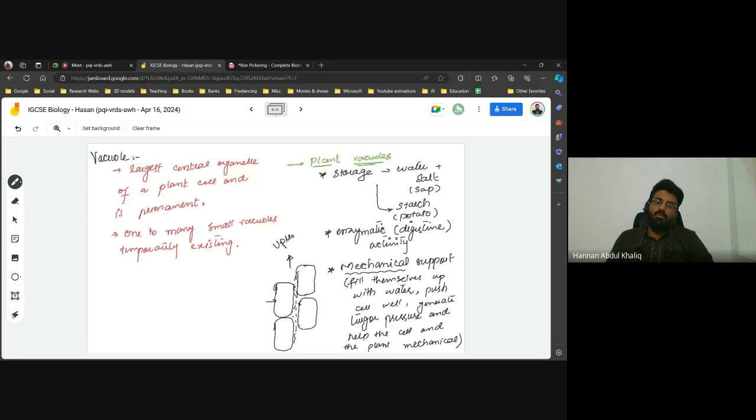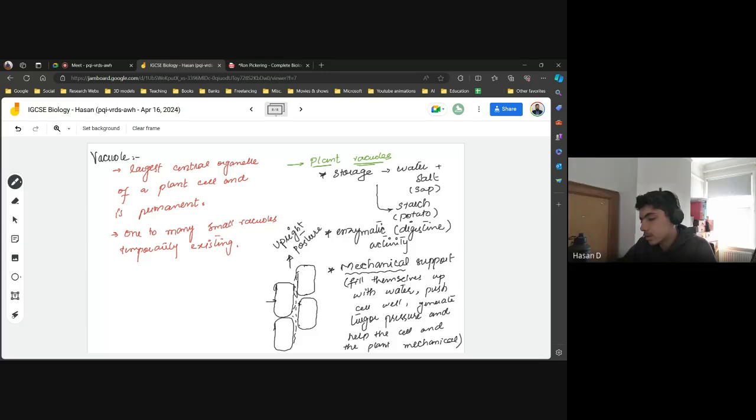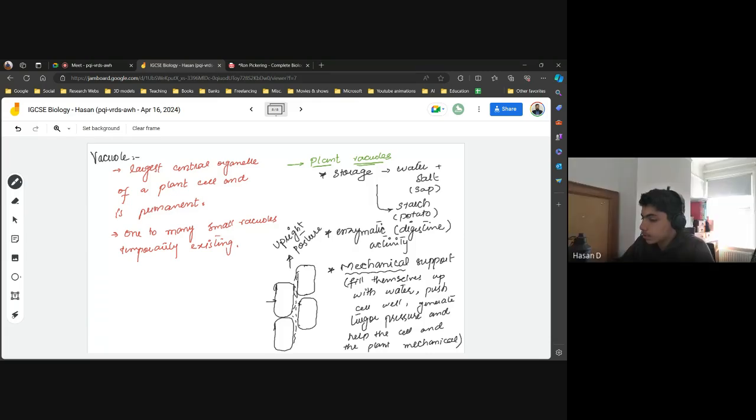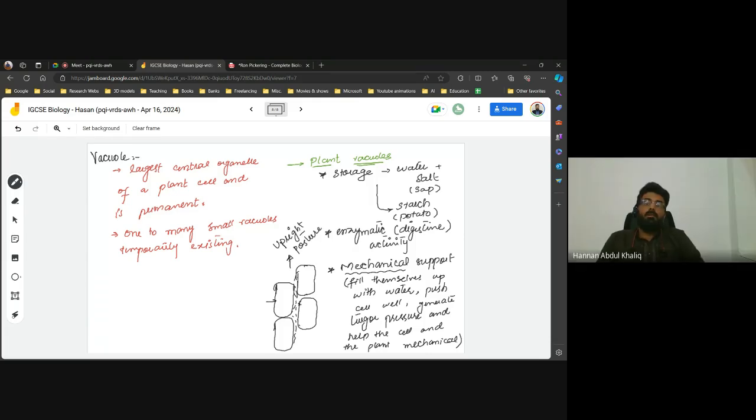Have you seen many plants which are not watered for a long time? They become flaccid. They cannot maintain their posture. The reason is that they don't have enough water. Their cells are not swollen, so they are not able to push against each other, maintaining the plant's posture, especially non-woody stems.